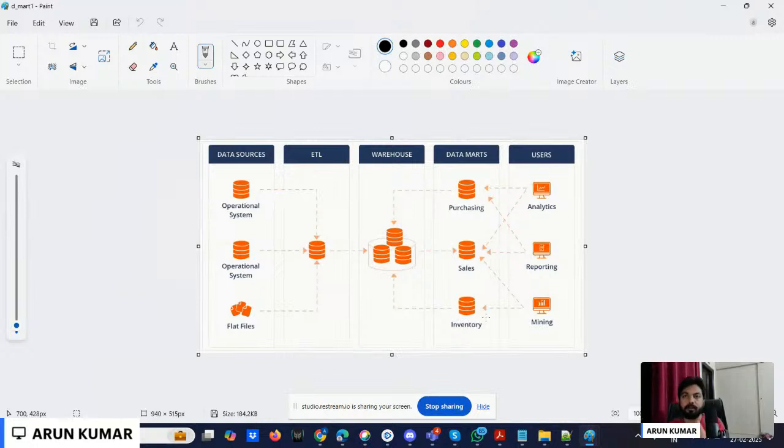They don't have to disturb data of another department. These data are finally used by users for analytics, reporting, or mining purposes. I hope this diagram makes clear what a data mart is.